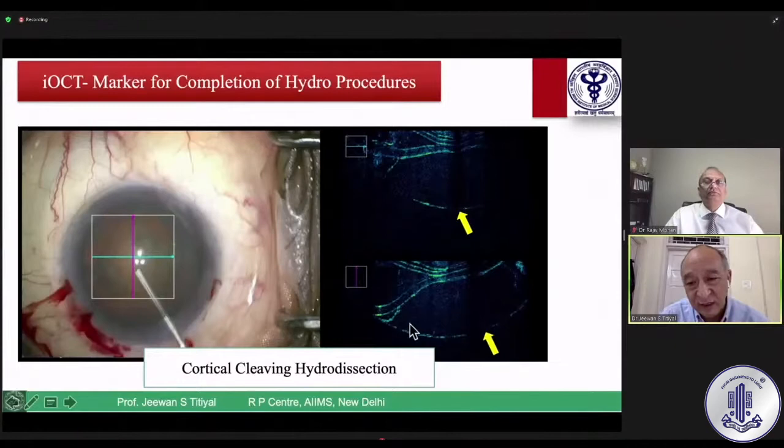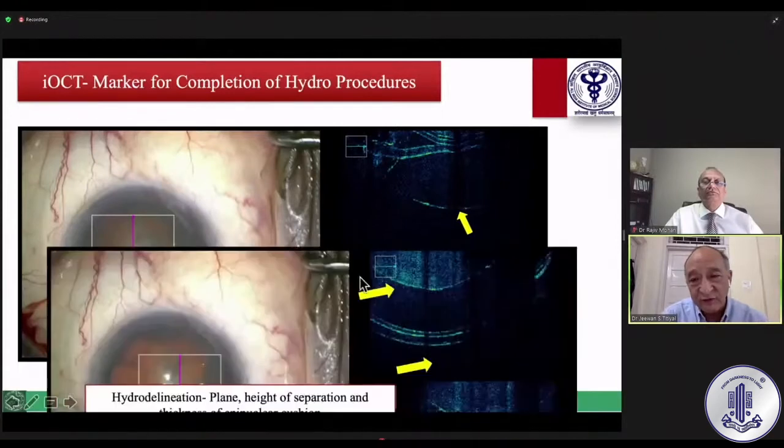You can see here the hydrodissection has happened, cortical cleaving hydrodissection, and the distance from the posterior capsule to the nucleus, the epinucleus, can be measured on the table also. And you can realize this requires immediate attention to decompress. Or you can see whether it is complete or incomplete. Accordingly, you can judge the surgery well.